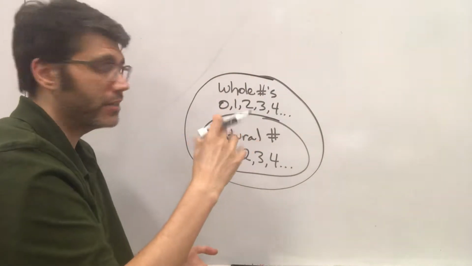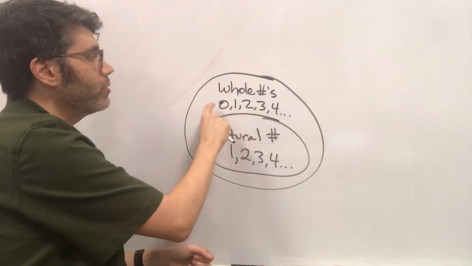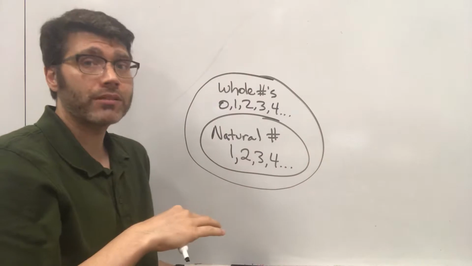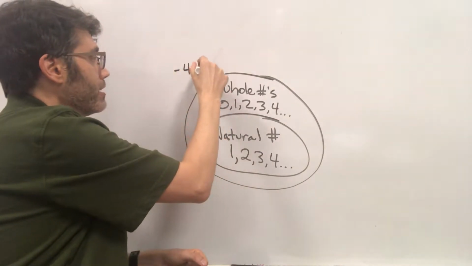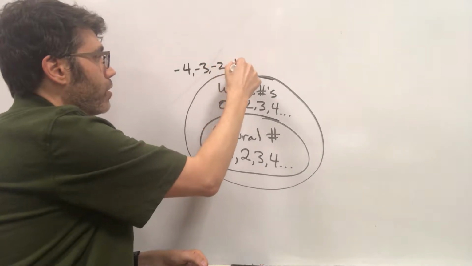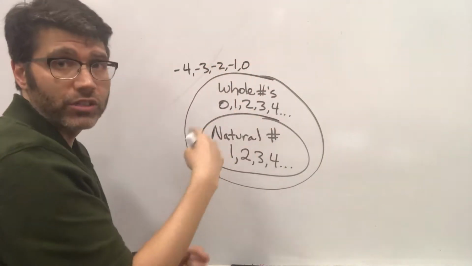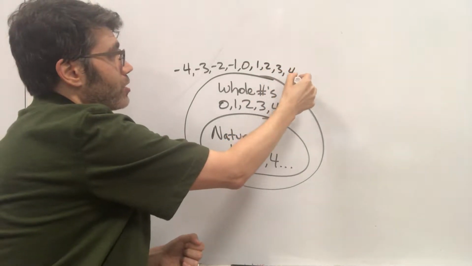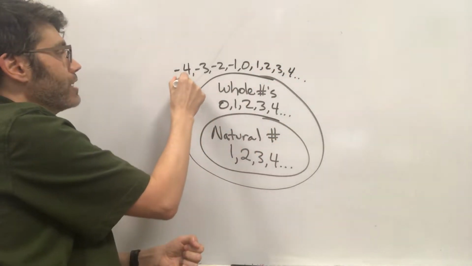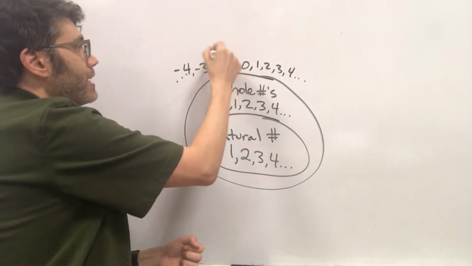Let's keep expanding. So let's say we want to do all the whole numbers and their opposites. So that would be like -4, -3, -2, -1. The negative of 0 is just 0 again, and then 1, 2, 3, 4. So do you see we're going up to positive infinity and down to negative infinity? We're going to call these integers.